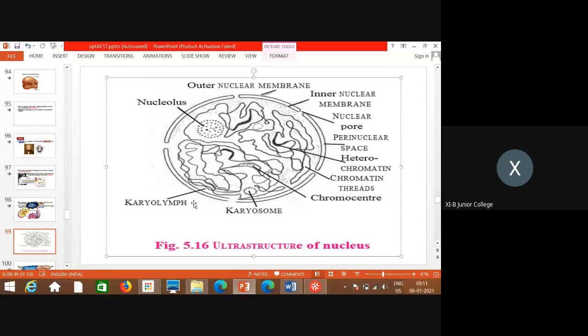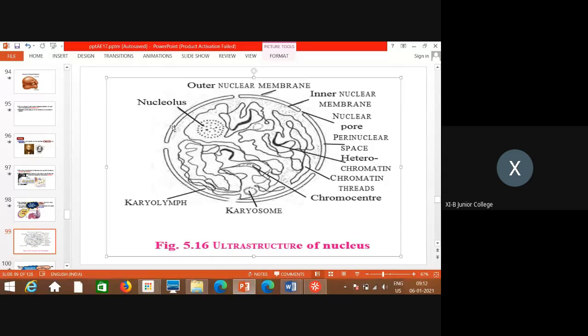Lymph is semi-solid or aqueous substance, and karyon means nucleus. So whatever aqueous solution is present, that is called as lymph, inside the karyon, that means nucleus. So this is called as karyolymph.